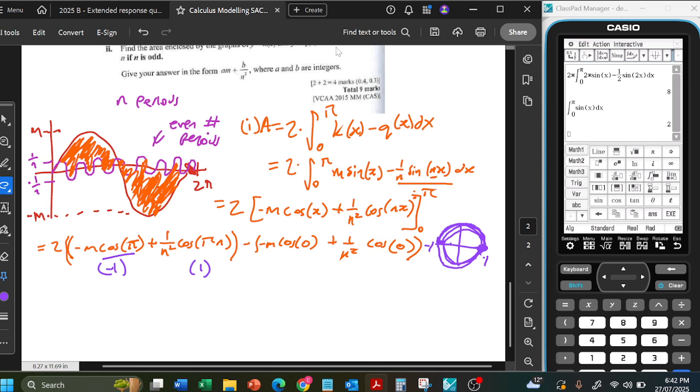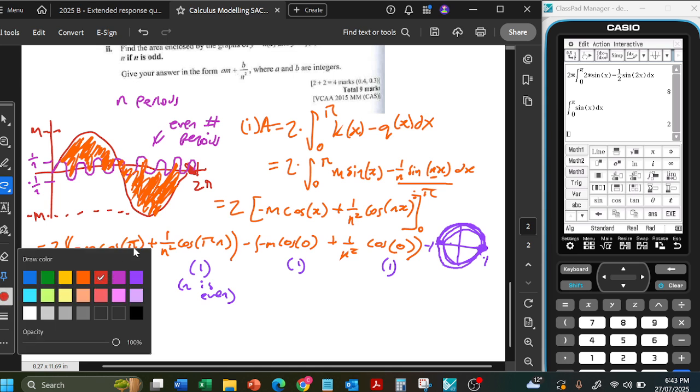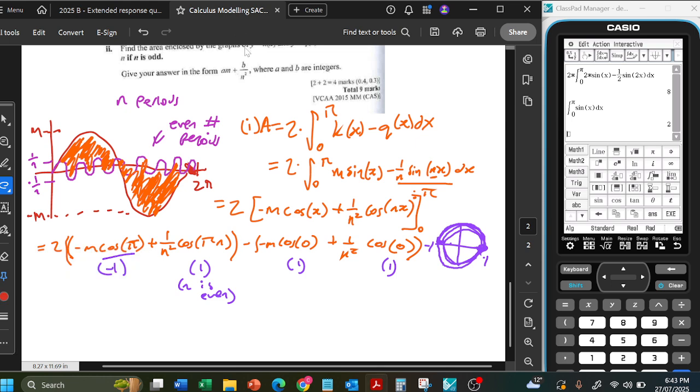So cos n pi is just equal to 1, provided that n is even. And then cos 0 is also equal to 1. So that gives us most of what we need.